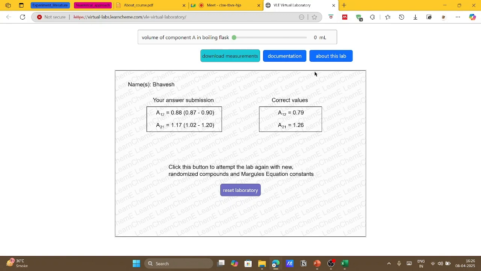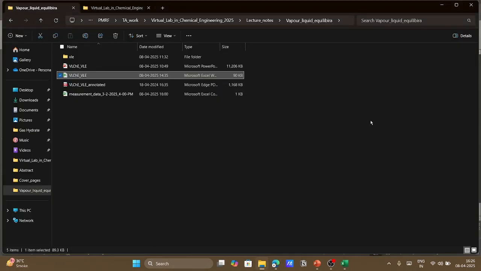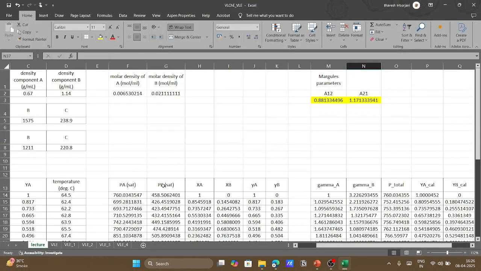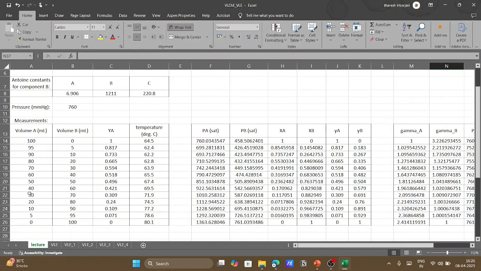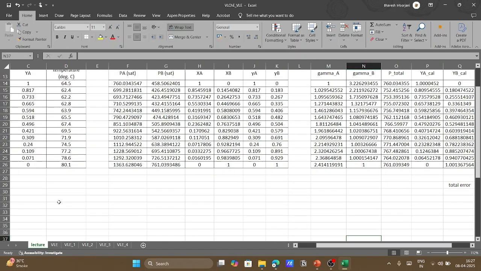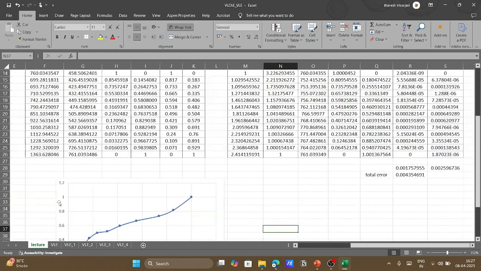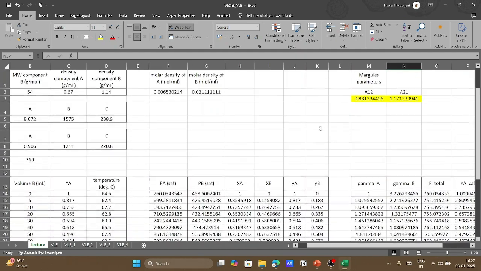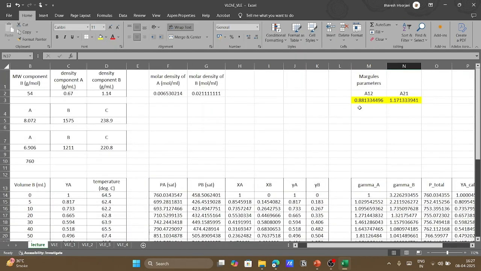You might get exact values matching with the virtual lab data if you have more data points, right? So here we have only 10 to 12 data points, right? So if you take a smaller interval with more data points, then you can fit the parameters much better.